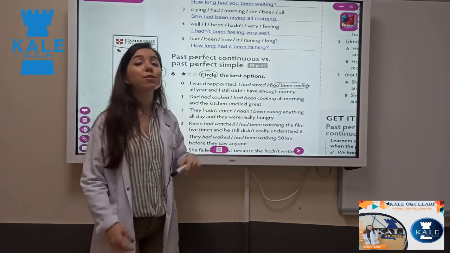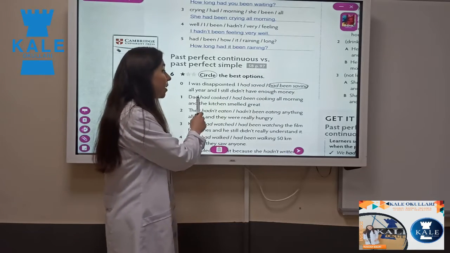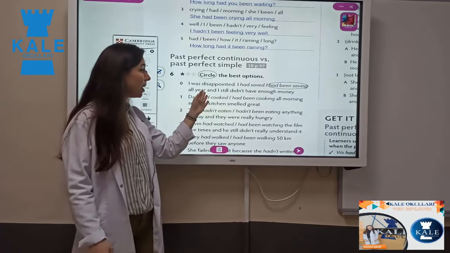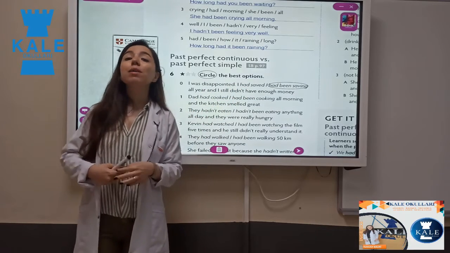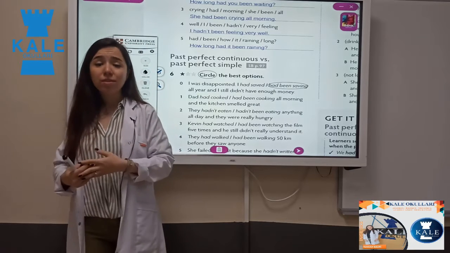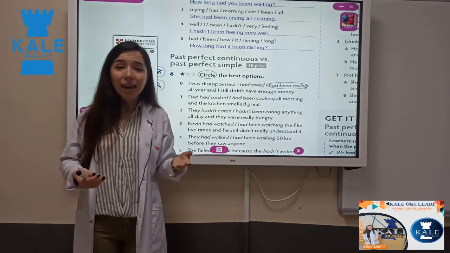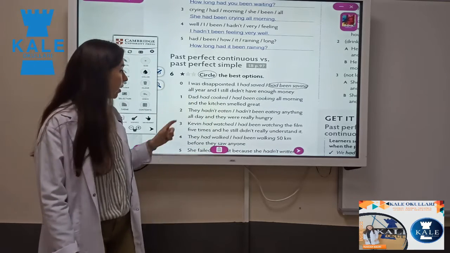Why do we use past perfect continuous here? Because it mentions all year. It means all year I had been saving and I still didn't have enough money, because it mentions all year.